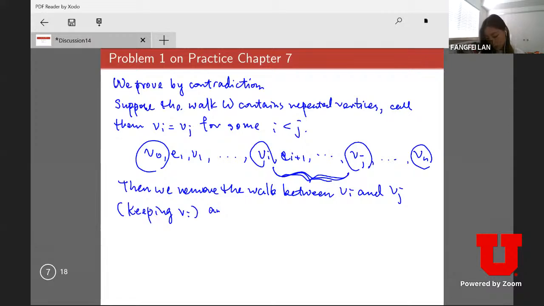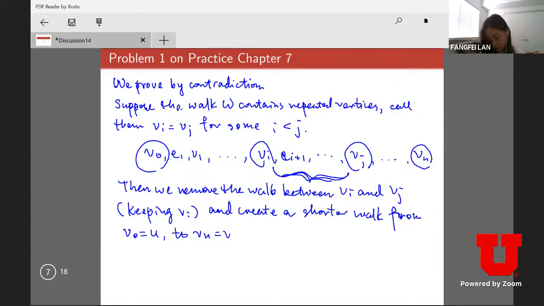And create a shorter walk from V0, which is U, to Vn, which is V. So there's a contradiction there.